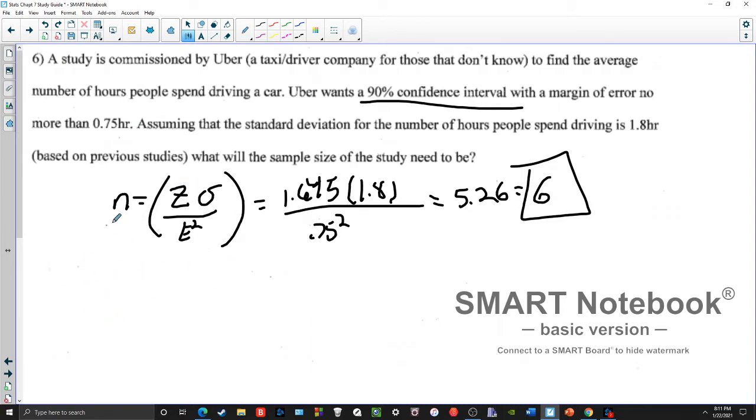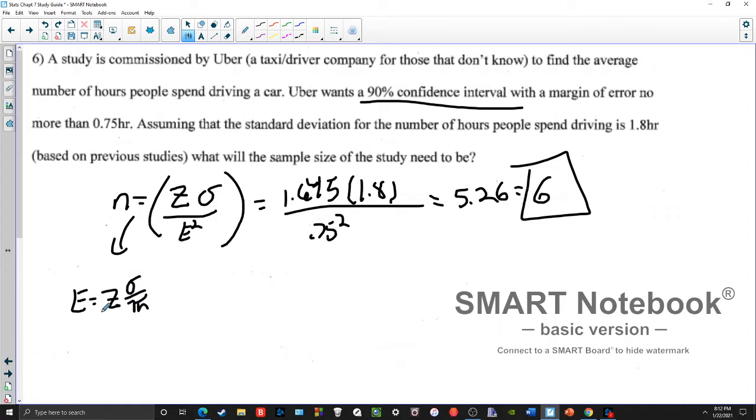Give me a second. There's another way you can look at this. The E formula for this is E equals Z sigma over root n, right? If we solve this for n, we should get back to here. Now I'm thinking I made a mistake here, which is why I'm doing this, but let's see.